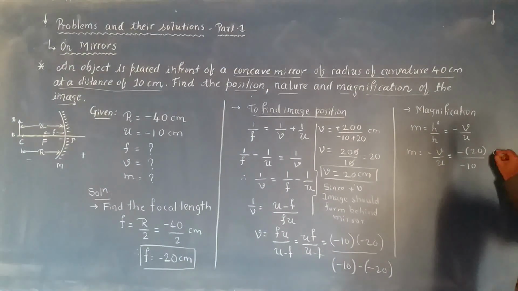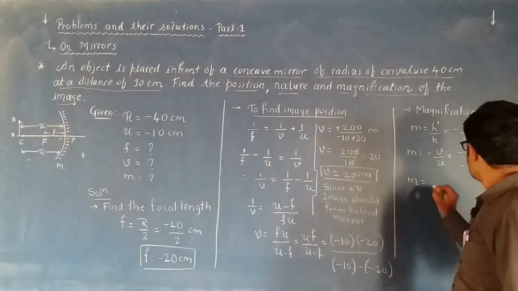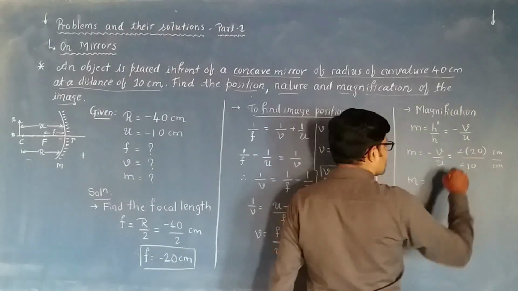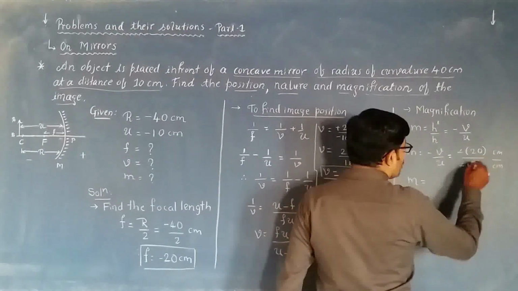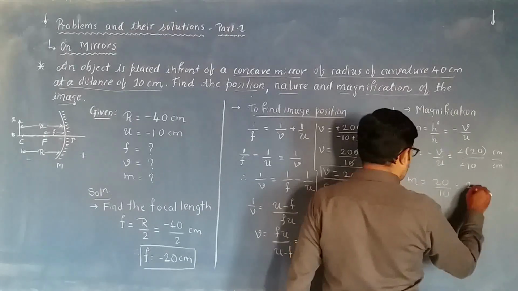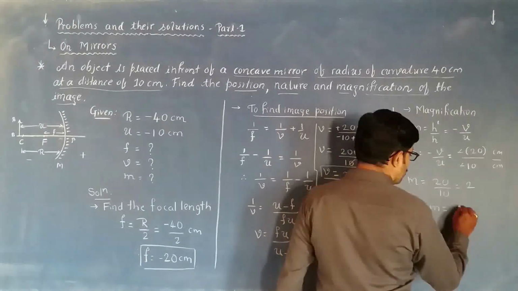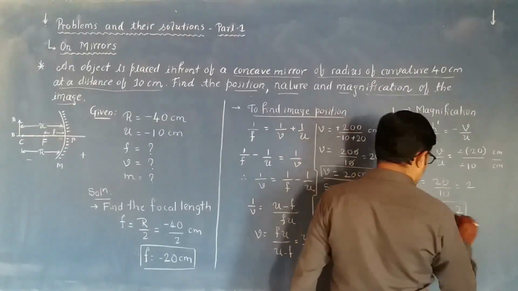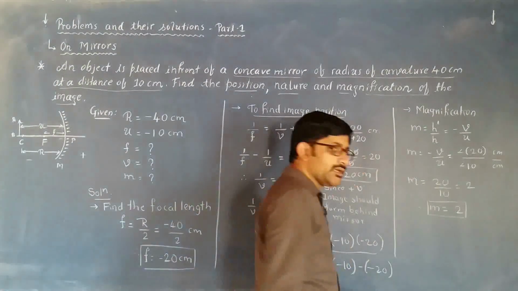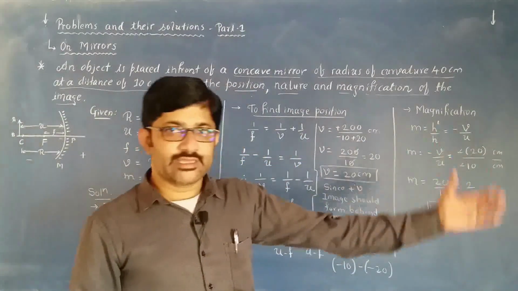Sorry, centimeter is there, here also centimeter. Therefore m is equal to, minus cancel each other, you are left with 20 by 10, which is equal to 2, and hence m is equal to 2, which means magnification is 2, means the image is 2 times the object.